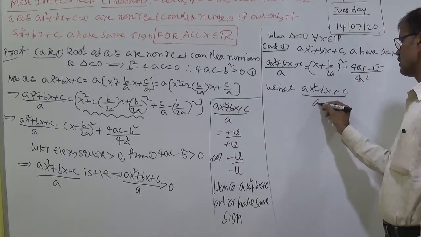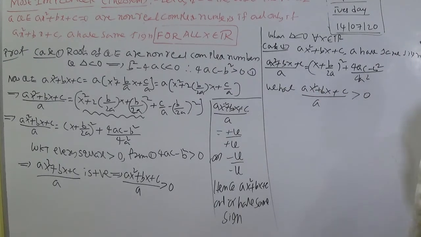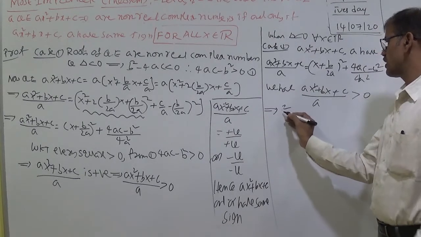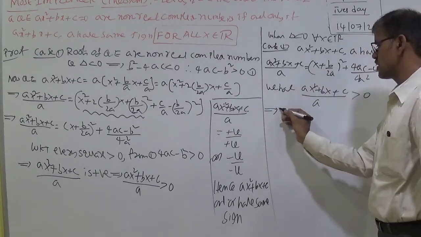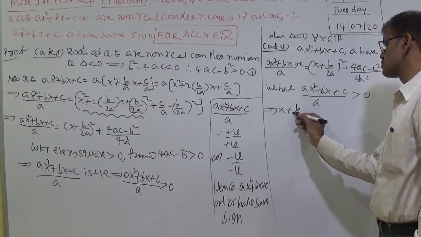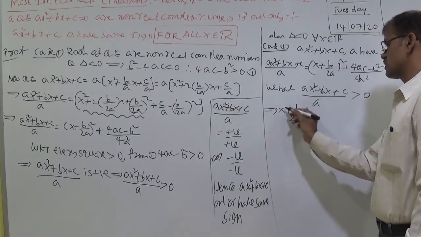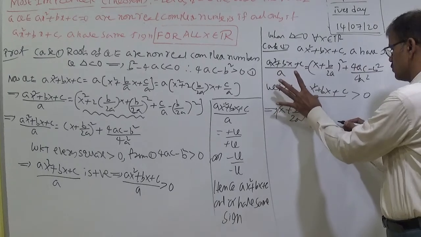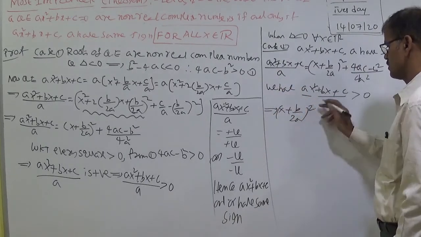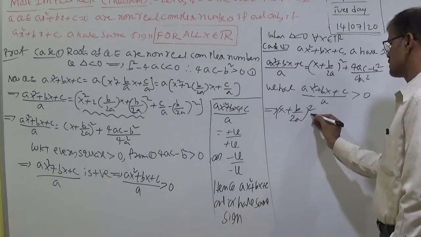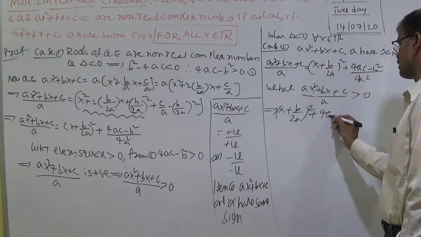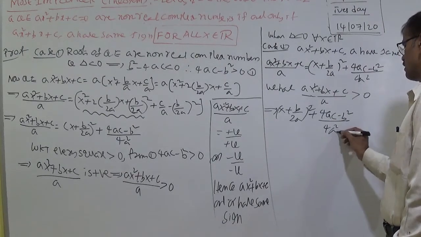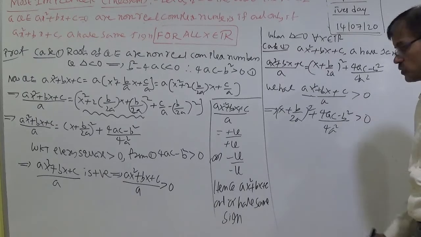That meaning ax square plus bx plus c by a greater than 0. That implies the sum of two terms, x plus b by 2a whole square plus 4ac minus b square by 4a square, all greater than 0.